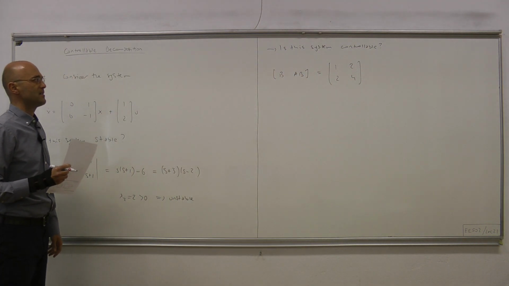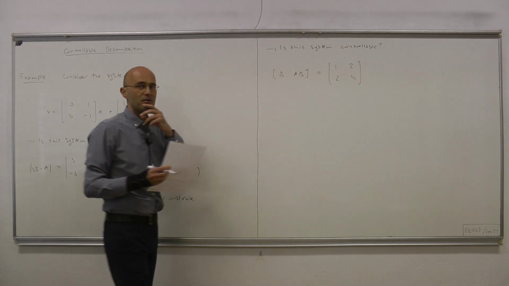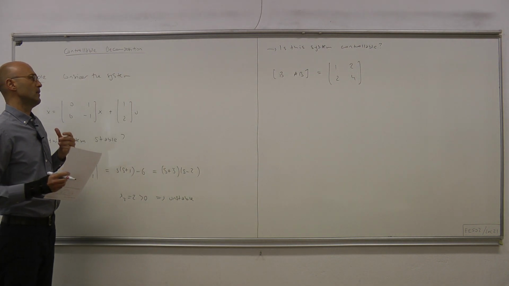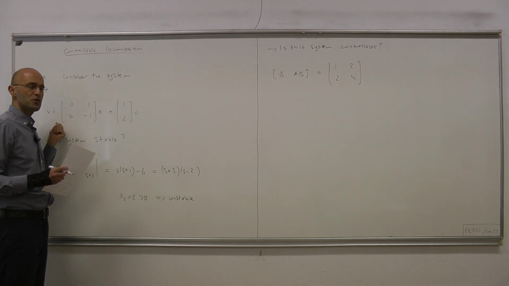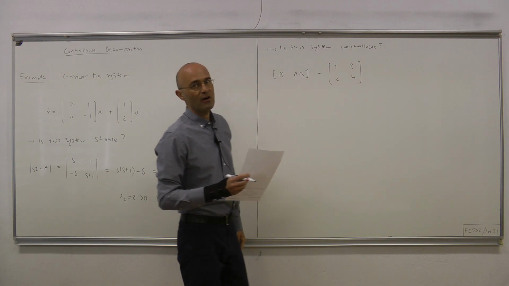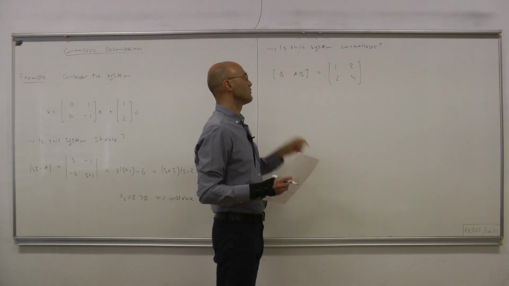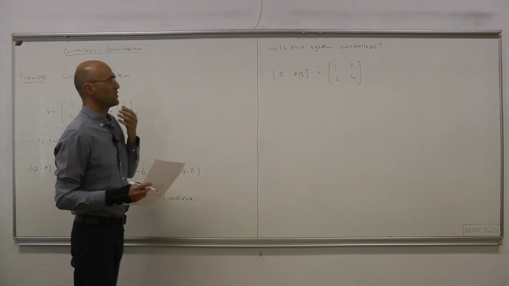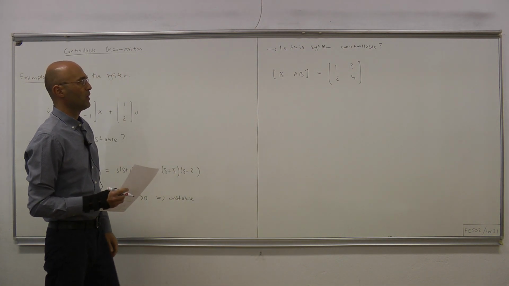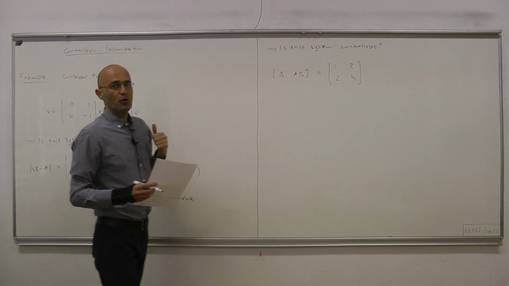For controllability, we require that the rank of this matrix equals the order of the system, which is 2. Now we see clearly that the columns are linearly dependent. We have 1, 2 and we have 2, 4. One is a scaled version of the other. Therefore, the rank of this matrix is 1, which is strictly less than the order of the system.